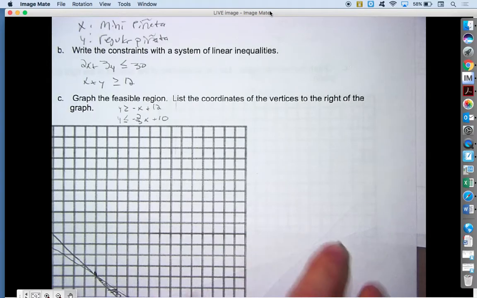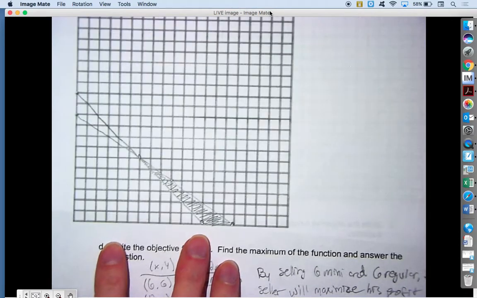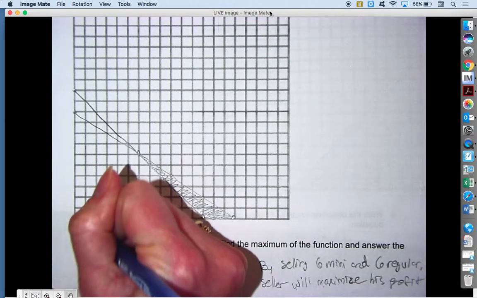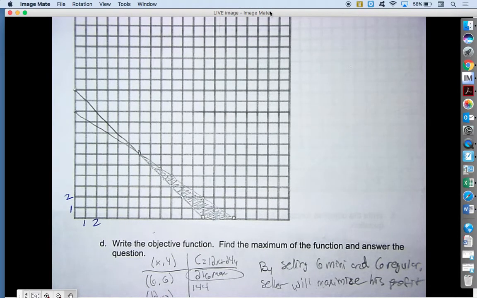Your two inequalities, get them in y equals form, so the y is by itself. In this case, you didn't have to count by anything, but I would say, Dave, I'm just going to write on your page: make sure that you label a couple of them so that I know you're counting by 1s or 2s, and don't forget to label what each represents. So the X is the mini piñatas, the Y represents the large piñatas.